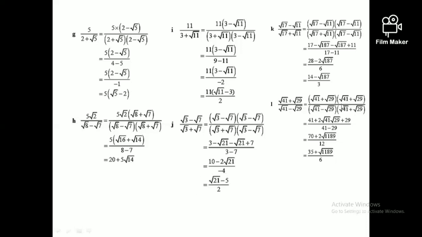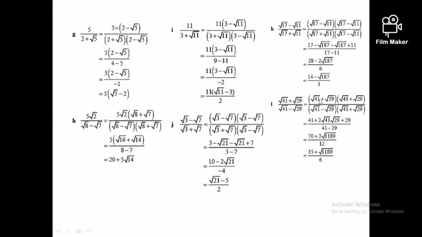Then the next part is root 41 plus root 29 divided by root 41 minus root 29. You need to multiply the numerator and denominator by the addition, root 41 plus root 29. That is the rationalizing process.